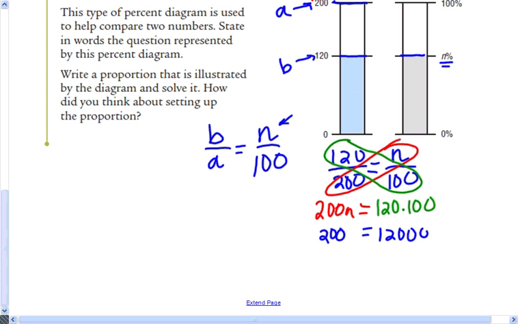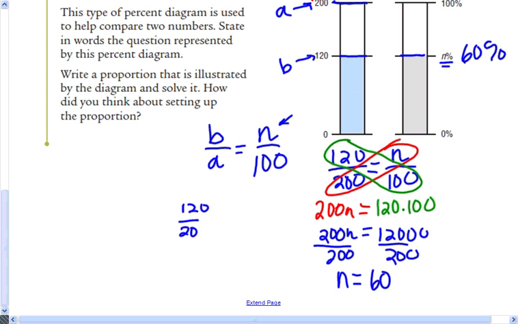And divide by 200, and I get N is equal to 60. So 60% is the same as 120 out of 200. Now that kind of makes sense because 120 out of 200, if I divide those by 2, I get 60 out of 100. And when you have a ratio out of 100, that's a percent. The top number is the percent.